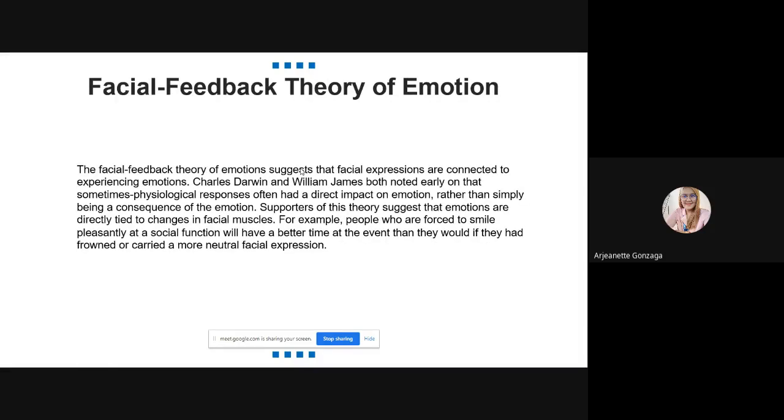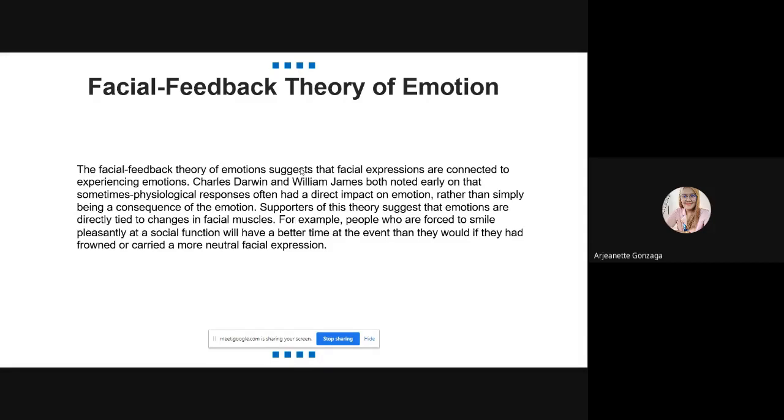So, sa facial feedback theory of emotion naman, sinasuggest dito na ang facial expressions are connected sa ating na-experience na emotion. So, si Charles Darwin and si William James both noted early on that sometimes physiological responses often had direct impact on emotion rather than simply being a sequence of emotion.